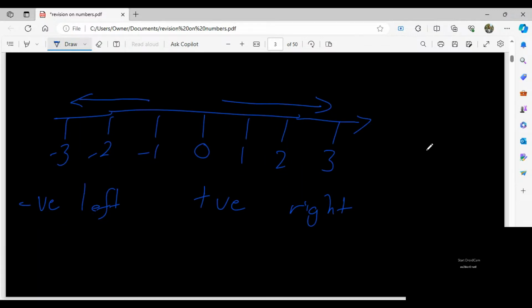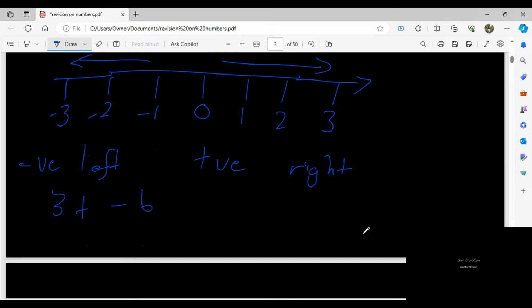So let's start with basic addition. Let's say we have an example like this one. 3 plus -6. Okay. So what we will do is we're going to draw a line. We want to solve that problem. 3 plus -6.